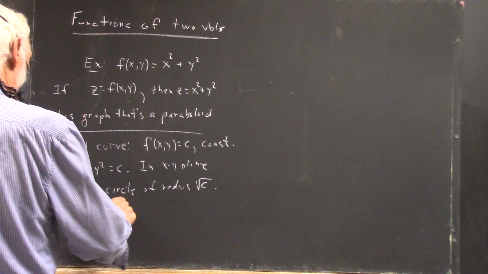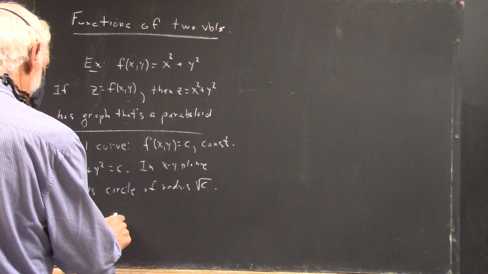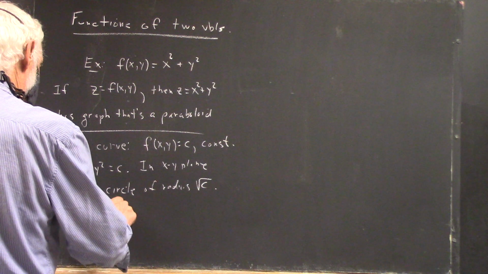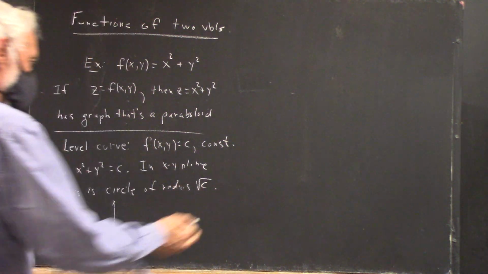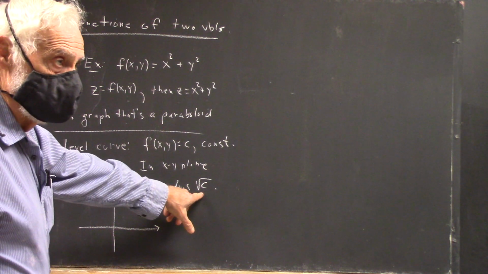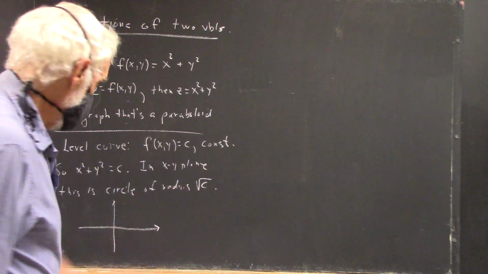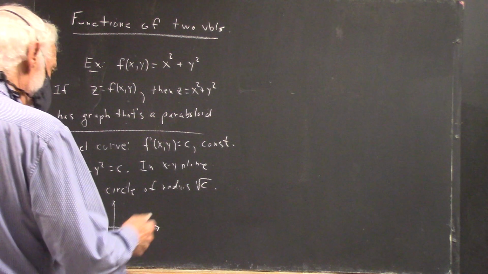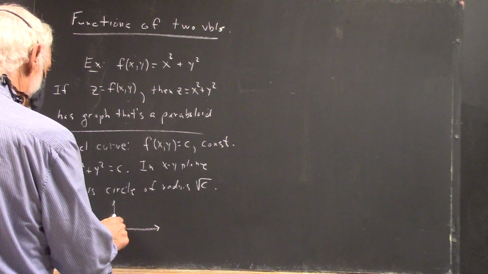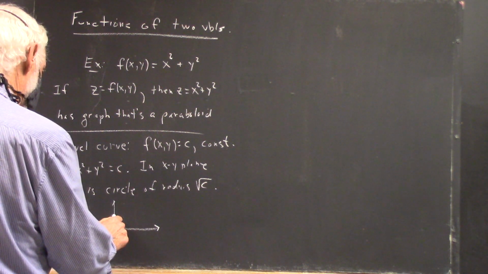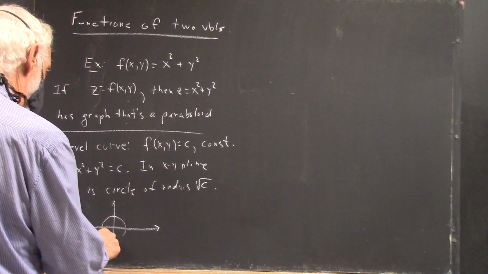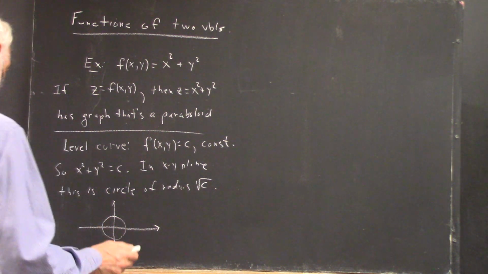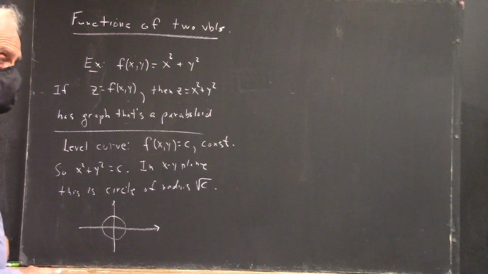So we can plot a series of circles for various values of c. So if c equals 1, we have a circle of radius 1.